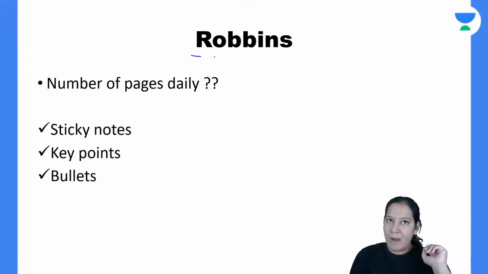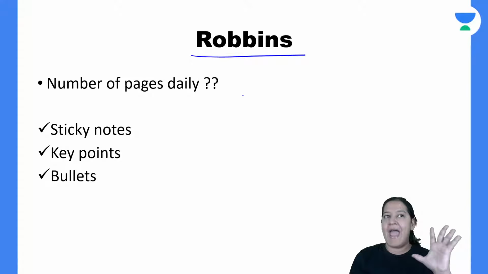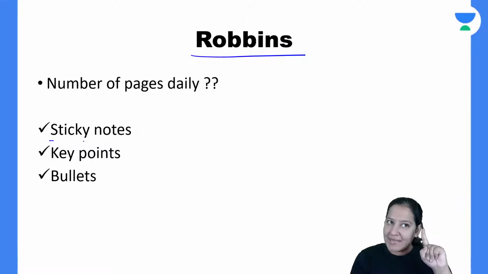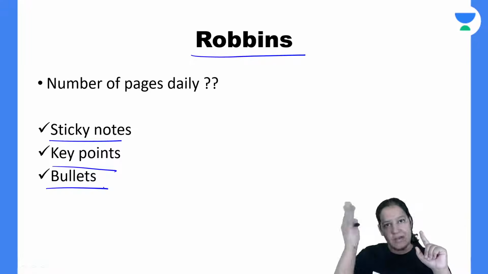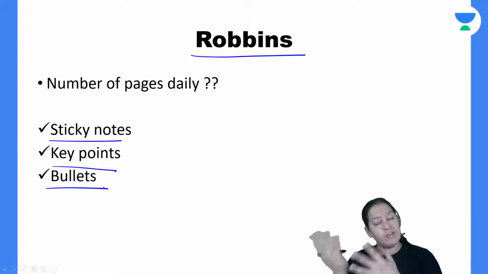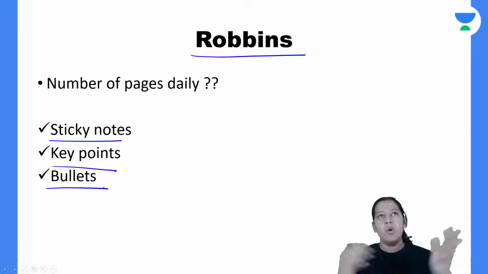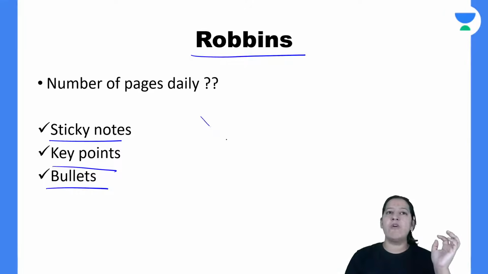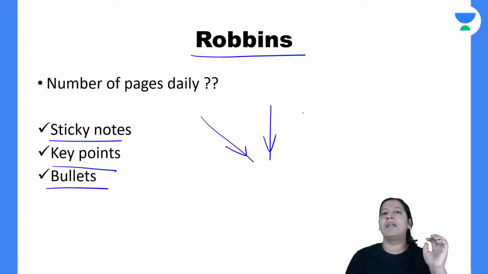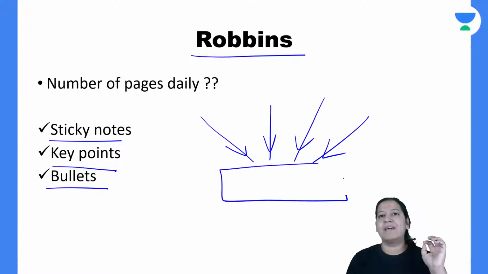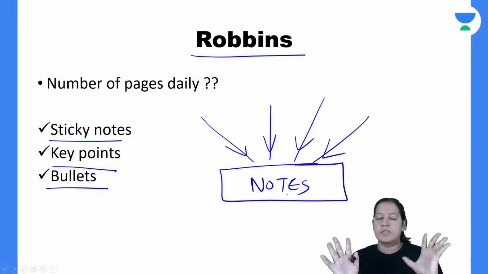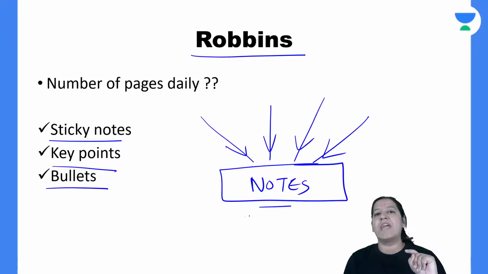So once you read any chapter of Robbins, you have to add sticky notes, key points and bullets, whatever extra you are getting, to your already existing notes. You are reading from multiple sources, multiple apps, multiple educators, multiple books, and all have to be gathered at one point. That is your notes. Everything you add to your notes. So on the last day of your exam, you take only your notes.